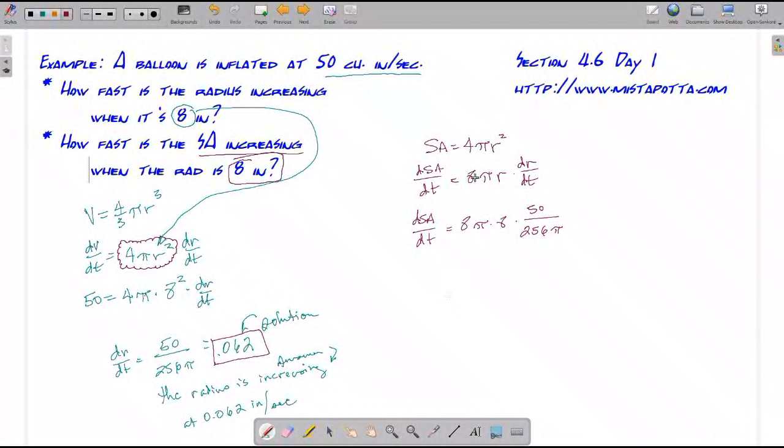I notice that my pi's will divide out. I notice that 8 times 8 is 64, which leaves me with 4, and I've got 50 divided by 4, which is 12.5. And this is my solution.